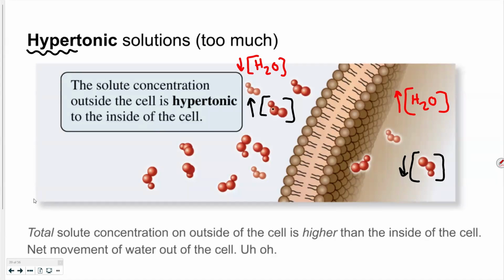So now our water molecules are going to go from high water molecule concentration to low water molecule concentration. Okay. So we see a net movement of water out of the cell.